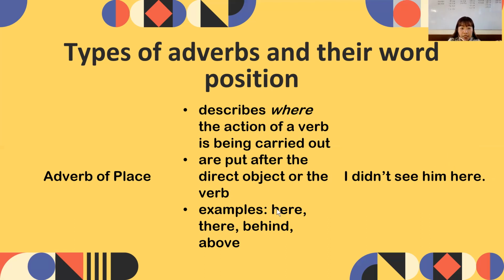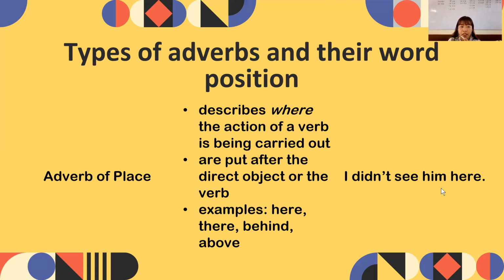As stated, adverbs of place are put after the direct object or the verb. So I being our subject, and then we have your didn't as your auxiliary verb, see as your main verb natin, him being the direct object because it answers your who or what.